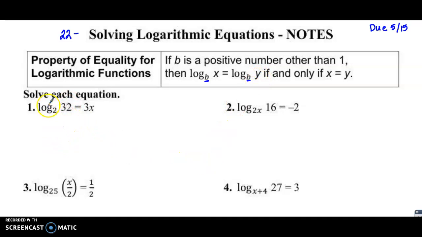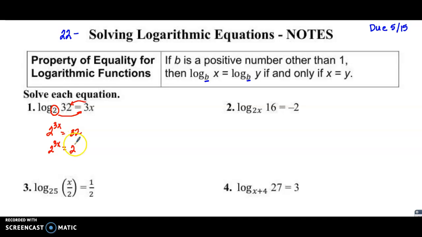So the first couple examples are very similar to the ones we did in the last unit. Notice there's only one log. So we're going to do that convert thing with the little circle around that I did to help you remember. We would start with our base of 2, and we would say 2 raised to this power 3x is equal to this stuff, 32. So we could then turn 32 into 2 raised to a power.